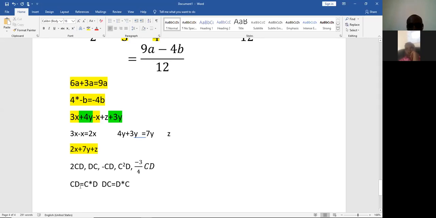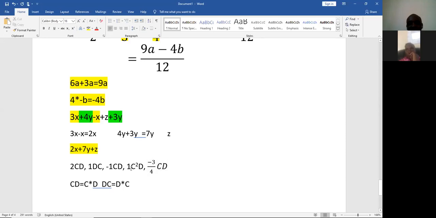So CD and DC in multiplication, we don't mind the order. CD is the same as DC. This one has coefficient 1, and this one is negative 1 CD. This one is 1 C squared D, and this one is just 3/4, but still CD.